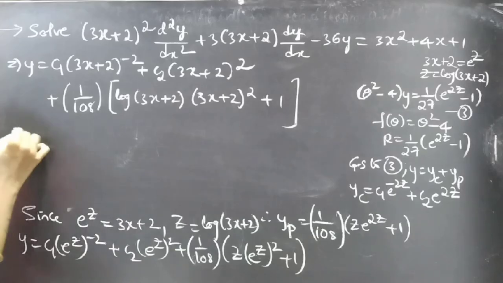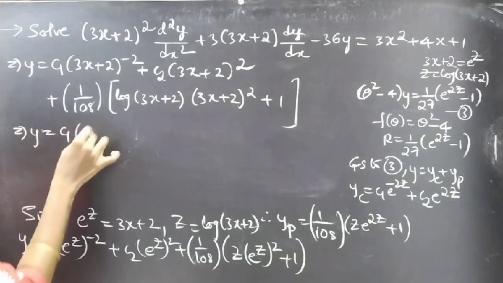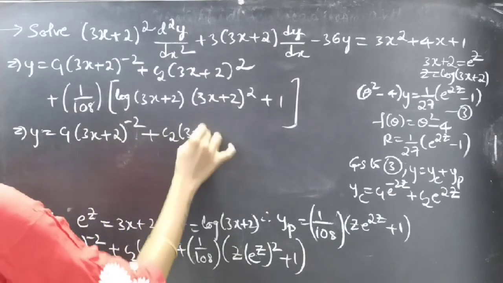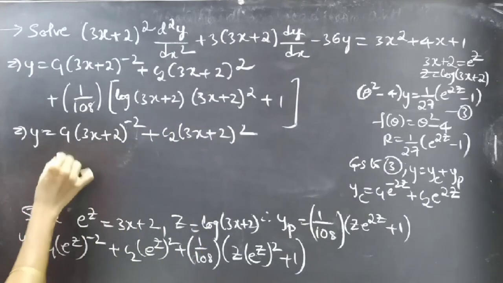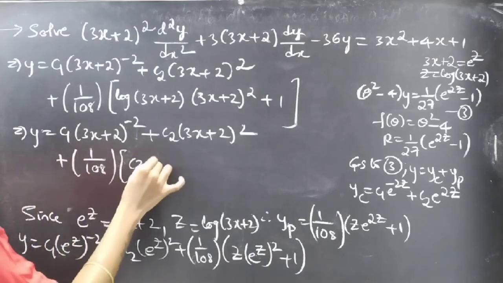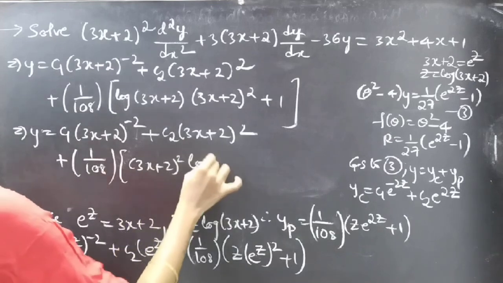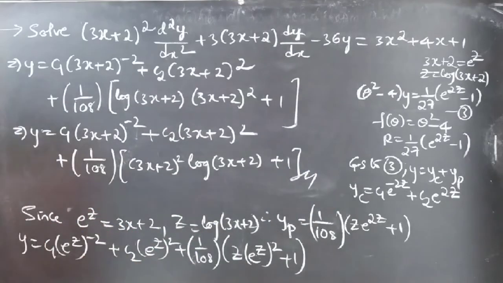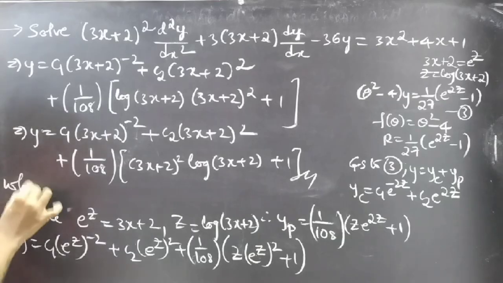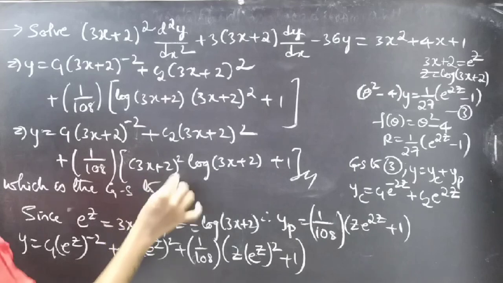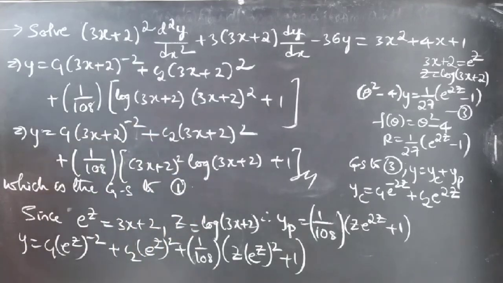Or we can write this as y equal to c1 into 3x plus 2 power minus 2 plus c2 into 3x plus 2 whole square plus 1 by 108 into 3x plus 2 whole square into log of 3x plus 2 plus 1, which is the general solution to equation 1 or the given differential equation.